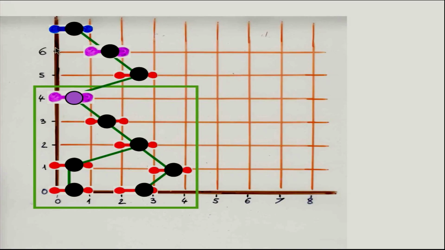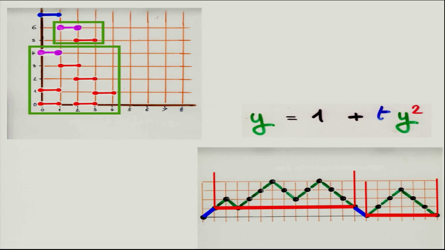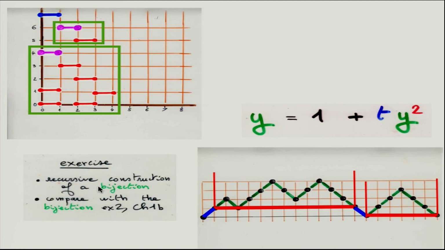So this is a Hasse diagram. In fact, my semi-pyramid is just everything which is below this maximal piece. In terms of poset, I take everything below, and what remains is another poset. And so the conclusion: the Dyck path has this algebraic equation, the pyramid has this algebraic equation. So exercise: give a recursive construction of a bijection between this and this. It's possible because you have decomposed into 2 pieces.